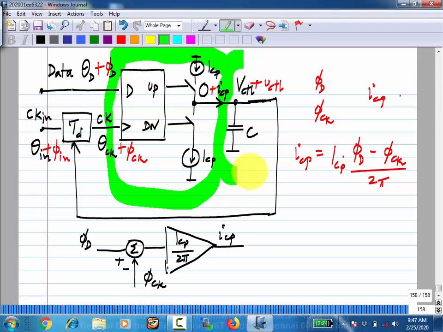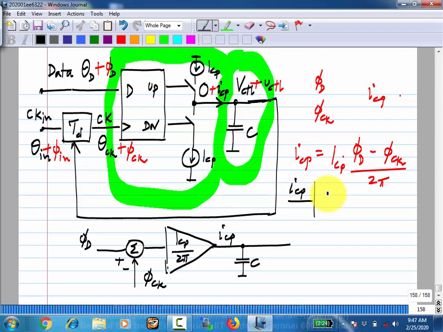What is the incremental model of the capacitor? Capacitor itself. Any linear element, its model is itself, right? You can write it like this, or you can show it as ICP as input, 1 by SC as the transfer function, and the control voltage as the output.